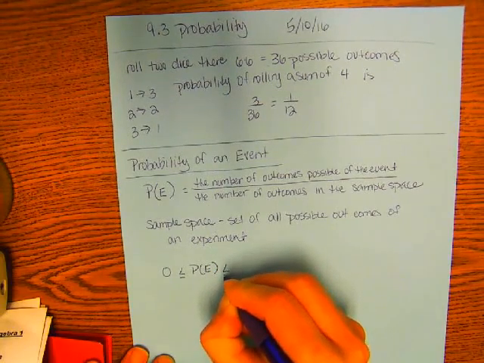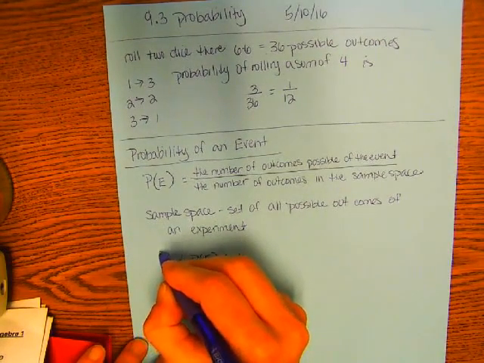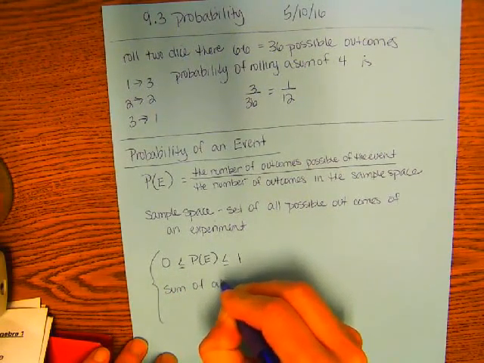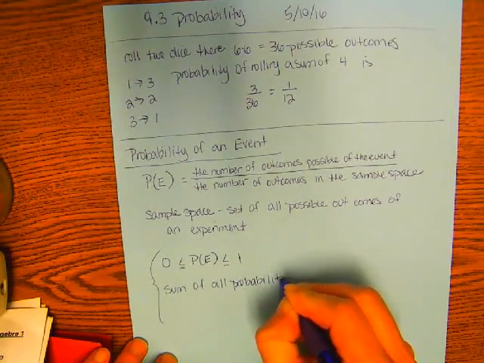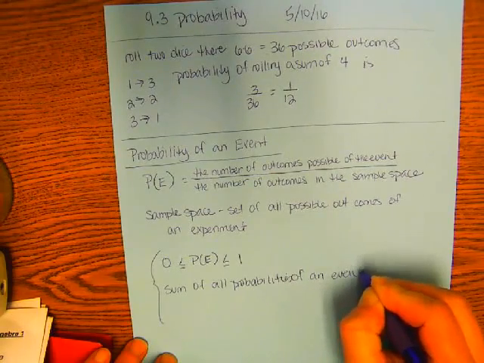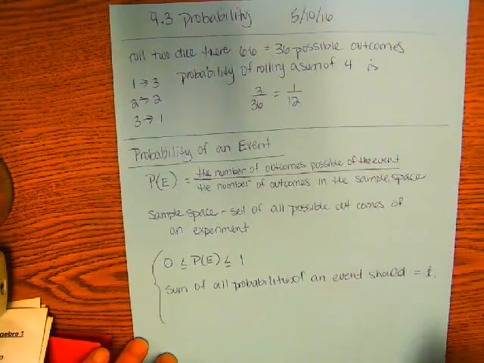And the second thing you should know is that the sum of all probabilities of an event should equal 1.